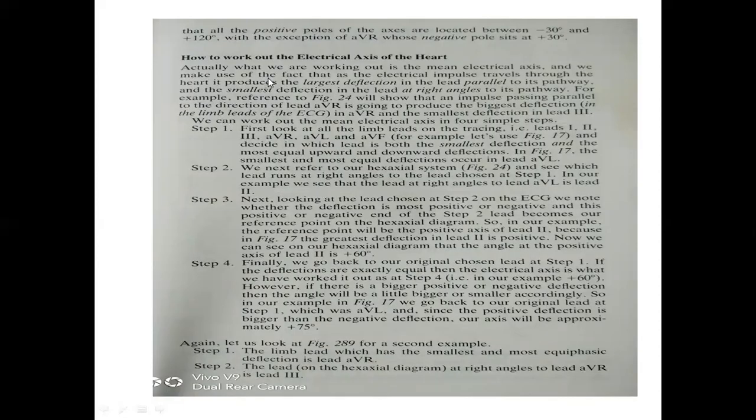So how to work out the electrical axis of the heart? Actually, we are working out the mean electrical axis, and we make use of the fact that the electrical impulse travels through the heart. It produces the largest deflection in the lead parallel to its pathway, and the smallest deflection at right angles to its pathway.